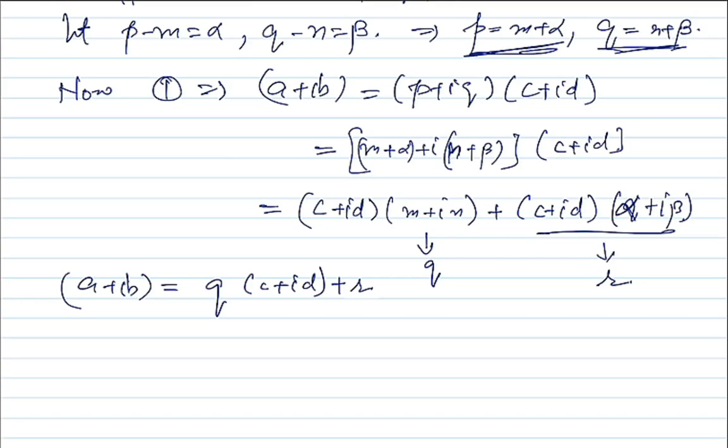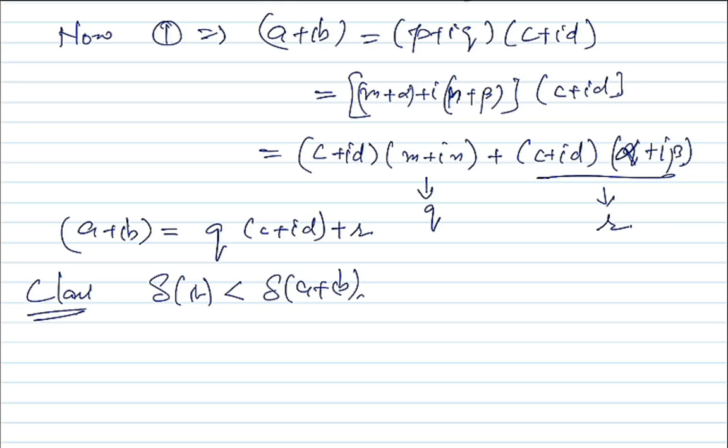And our claim will be delta of r is less than delta of a plus eta b. Now what is delta of r?